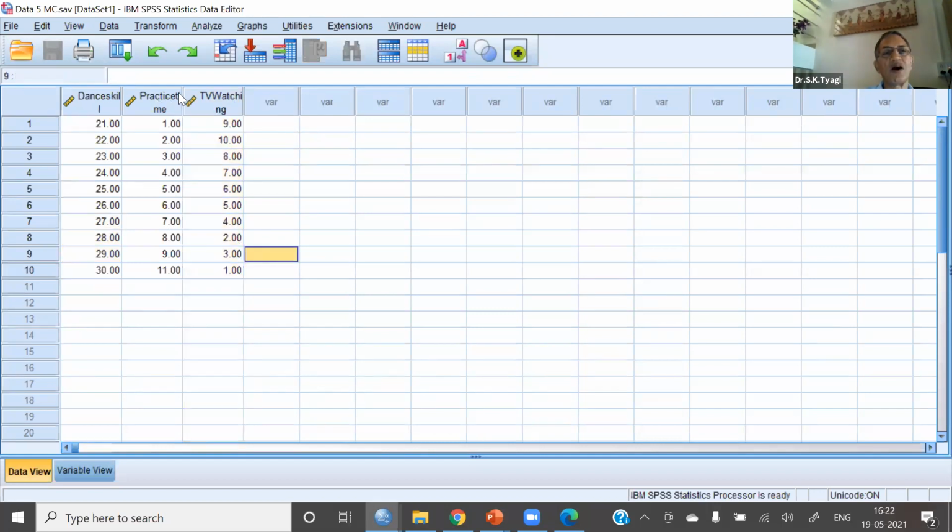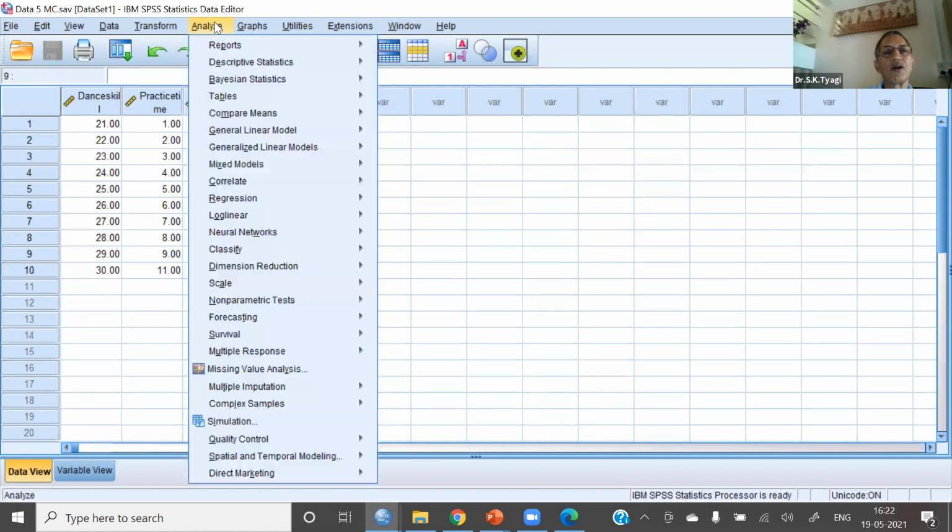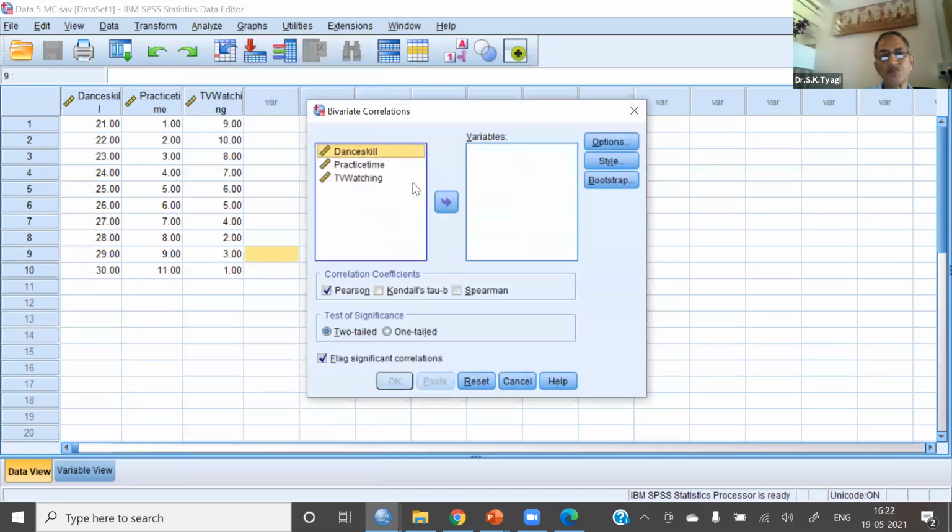Okay. Now, to see whether all these variables are highly correlated or not, what do we do? We go to correlate and bivariate. Take all these three variables to find out their intercorrelation and just click OK.